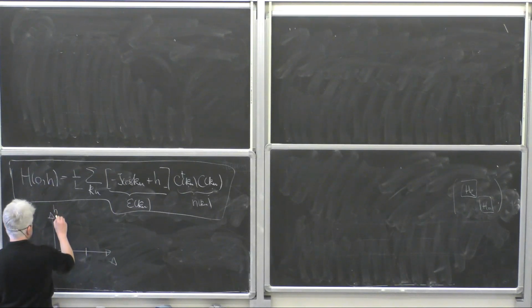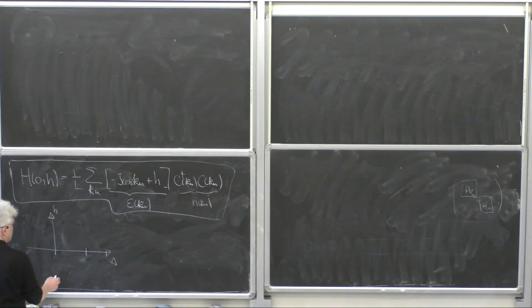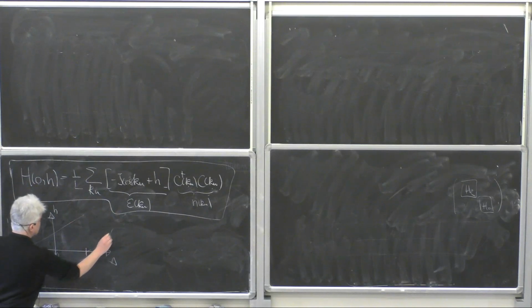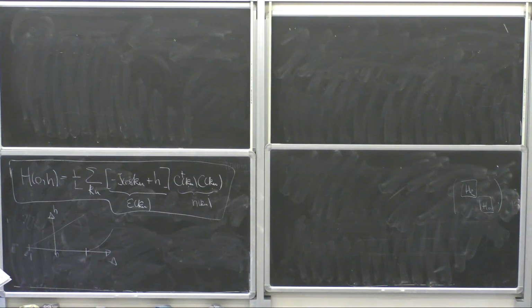So I had these two parameters, h and delta, and here was delta equal to 0. And so I had drawn something like this. And so this very simple map, using the Jordan-Wigner transformation, now tells us everything we want to know on this line.